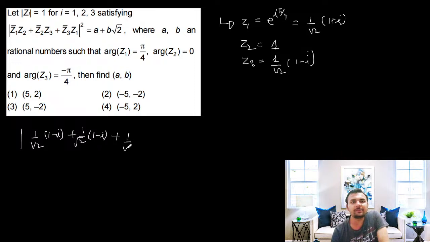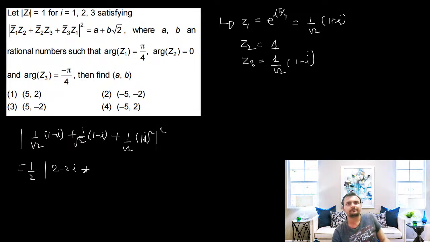It is 1 by root 2 (1 minus iota), (1 plus iota) whole square. So it is nothing but 1 by 2, 2 minus 2 iota. This is 1 by 2 whole square also, okay.